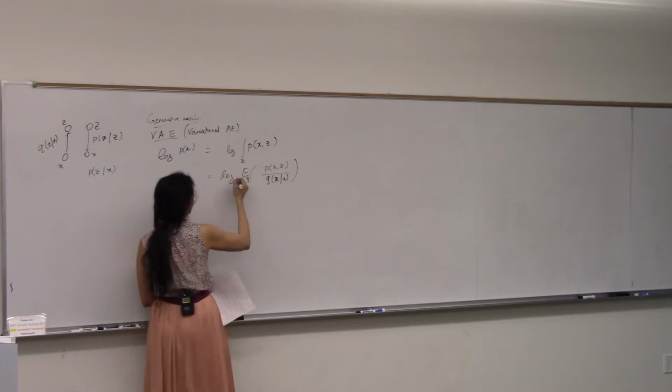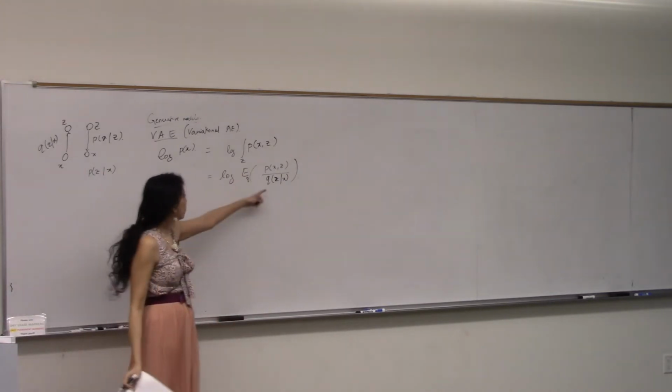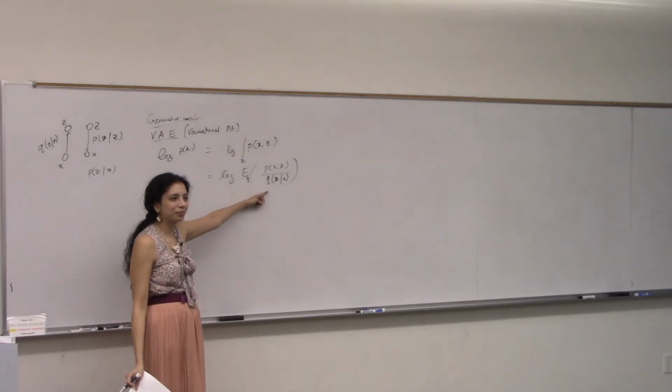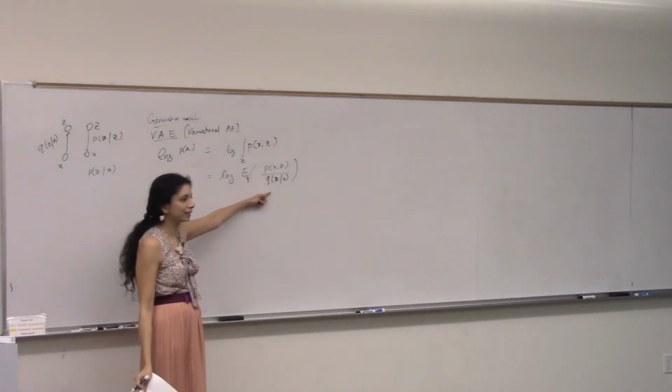Again, this is just equality. I can multiply and divide by some distribution Q, Q of z given x.